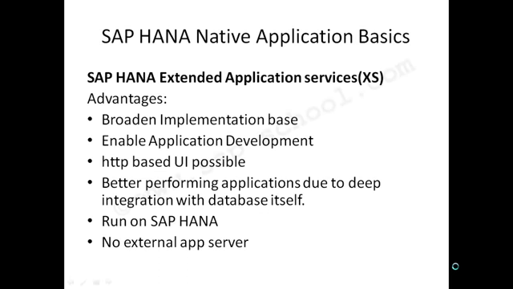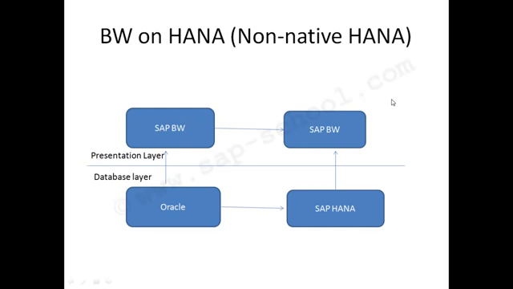So moving on, I have a small slide on BW on HANA. What it means is it's a non-native application. How it works is, here we can see that Oracle is connected to BW in an original scenario, and what we do is we transform the Oracle database into SAP HANA using one of the different methods we discussed before, and then we upgrade BW to whatever the current version is, or whatever version works on HANA, and then we connect the SAP HANA to BW.